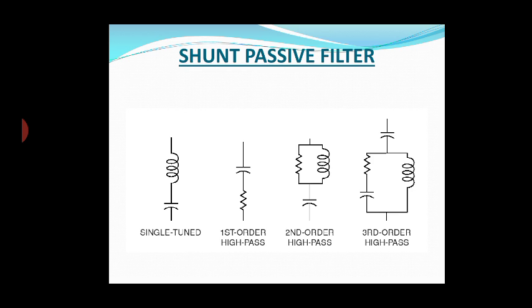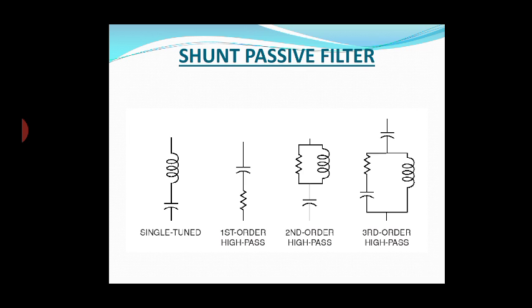So at the fundamental frequency this resistance will get heated up and cause losses. In order to avoid that, for the second order high pass filter we connect the resistor with an inductor in parallel, so that it has lesser power loss. The resistor which we use is mainly for damping purpose.